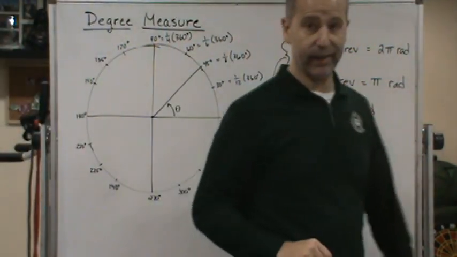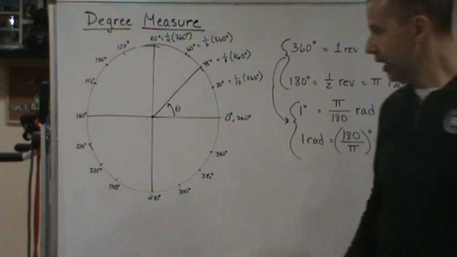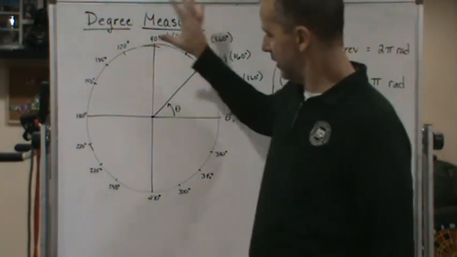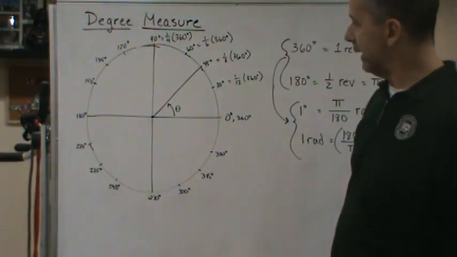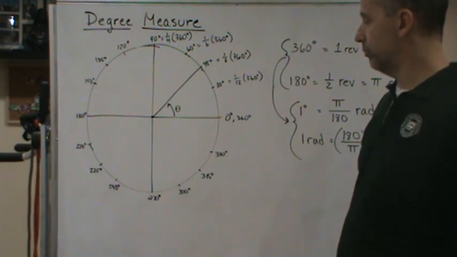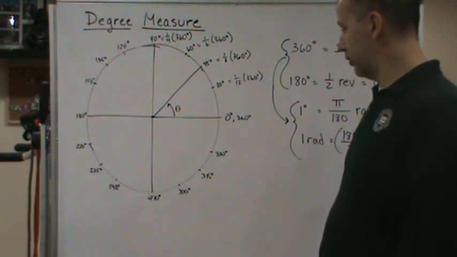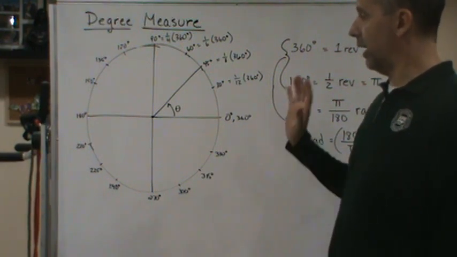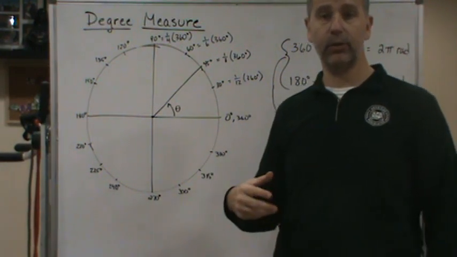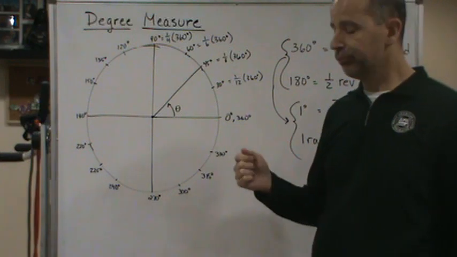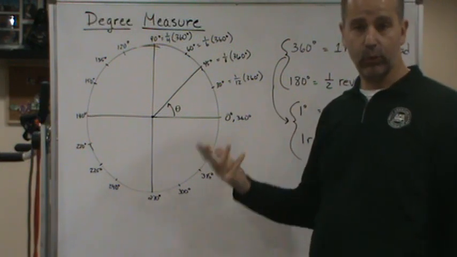Okay, welcome back, and now we're going to talk about degree measures. So what I did was I drew a circle, right? So here's our unit circle. Won't get to a unit circle yet. But I did mention earlier that we can look at radians, right?